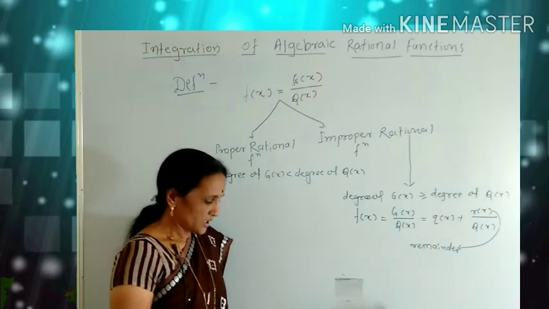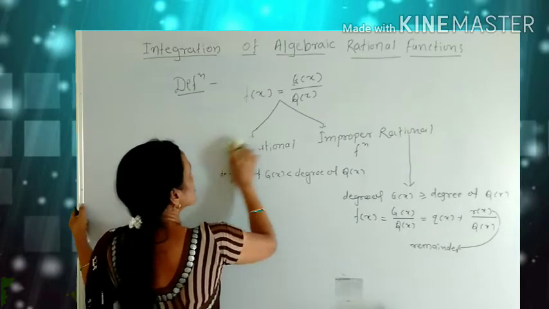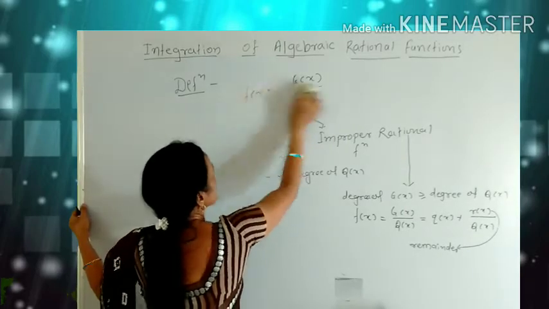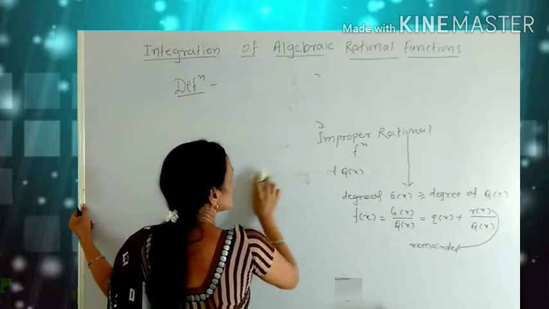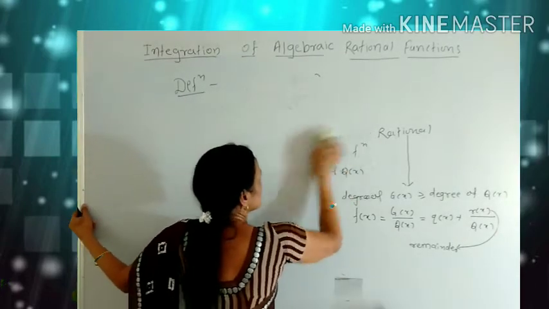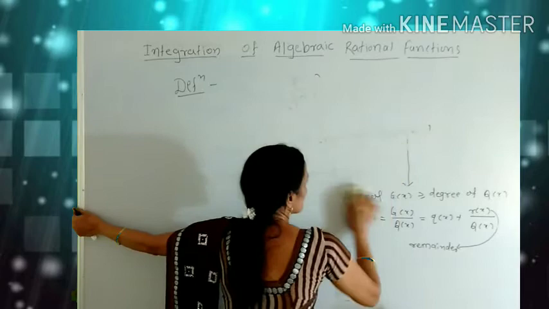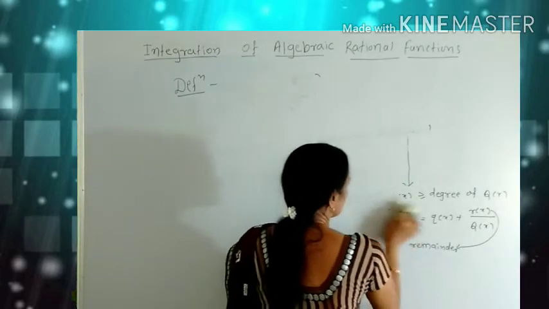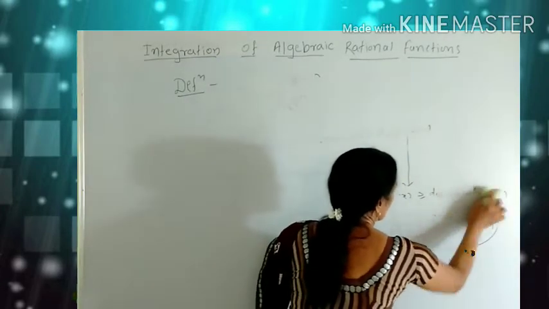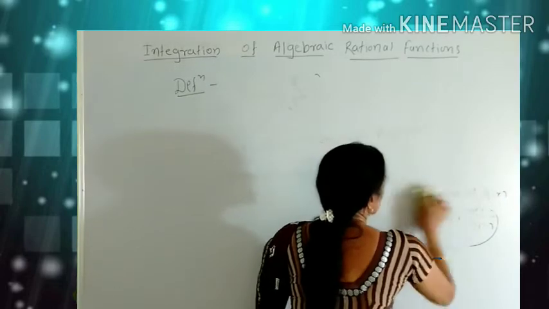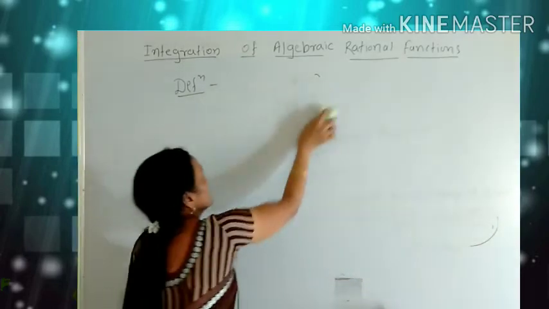Now we define the decomposition of the partial fractions of the rational function, and for that we consider your function f(x), the rational function.